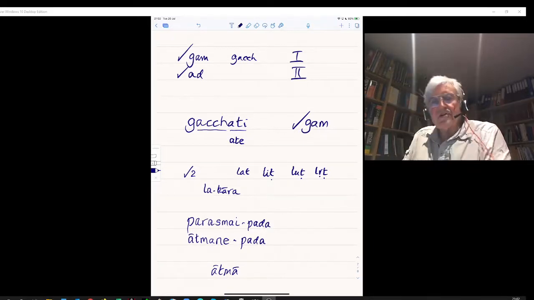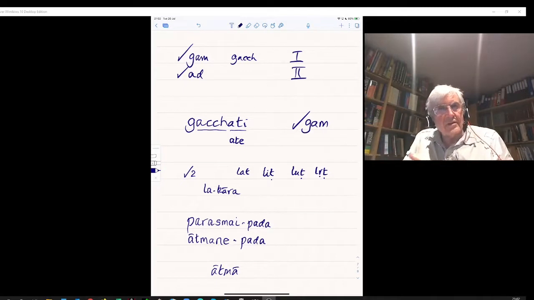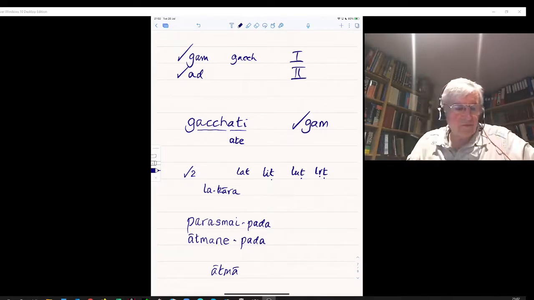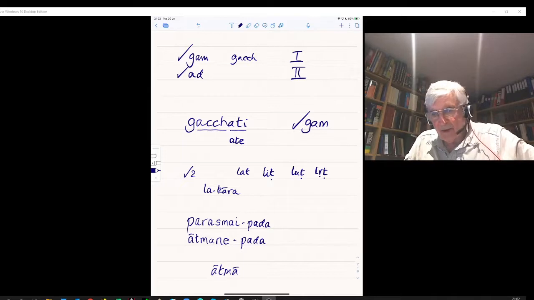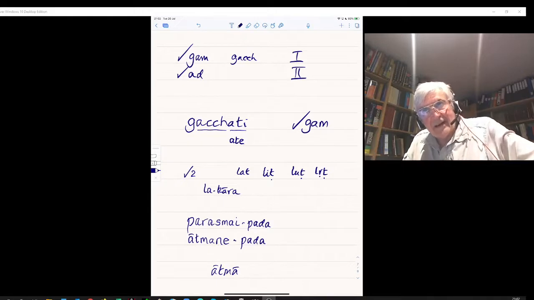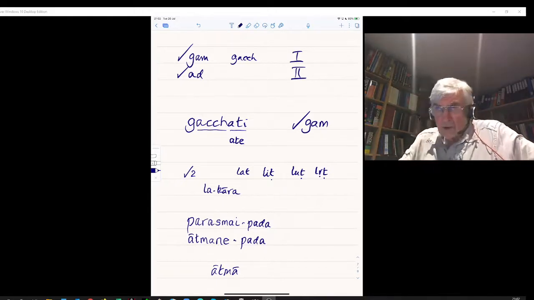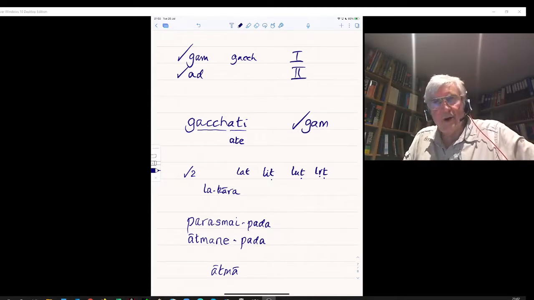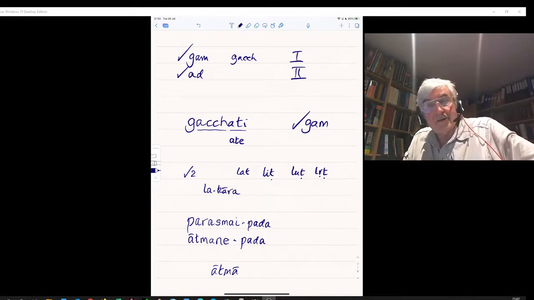So there's only two sets of endings that you will be needing to learn, even though there are three voices. That's active, middle, and passive. So the parasmaipada, often translated as active voice. Atmanepada, often translated as middle voice, but remember that the atmanepada endings, which we haven't come to yet, but we will shortly, also apply to the passive verb.